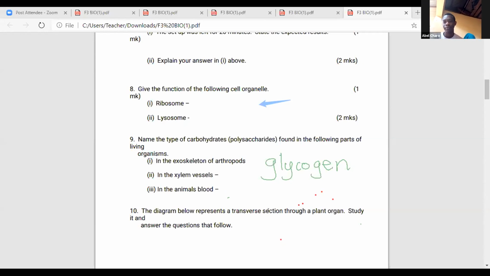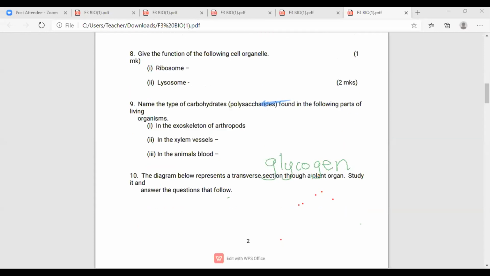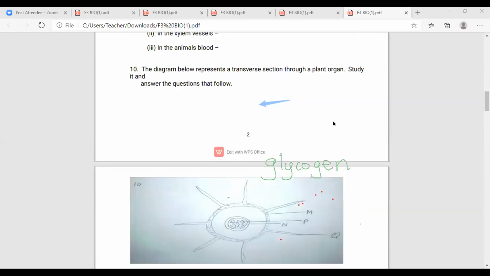The diagram below represents a transverse section through a plant organ. Study it and answer the questions that follow. The diagram is there.